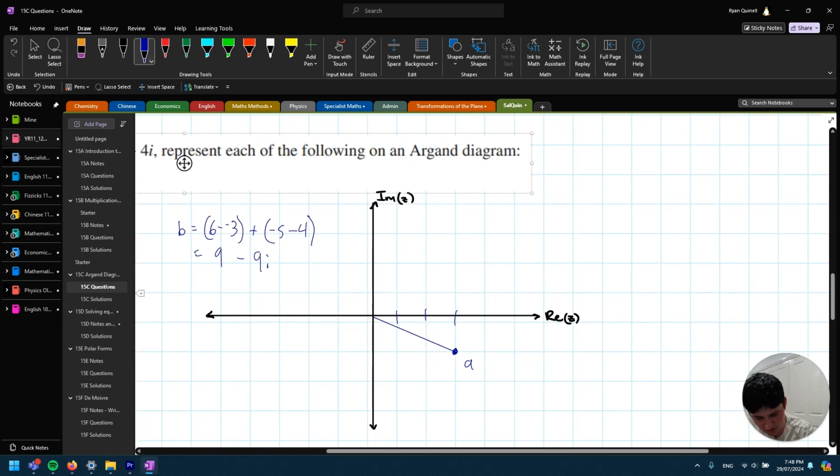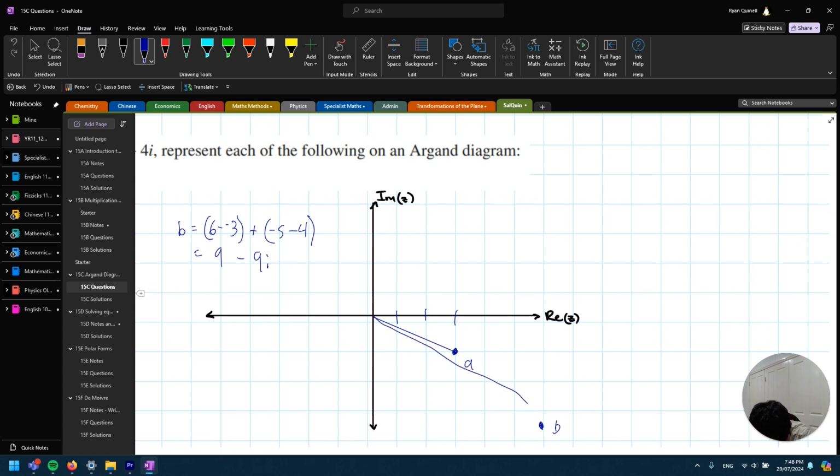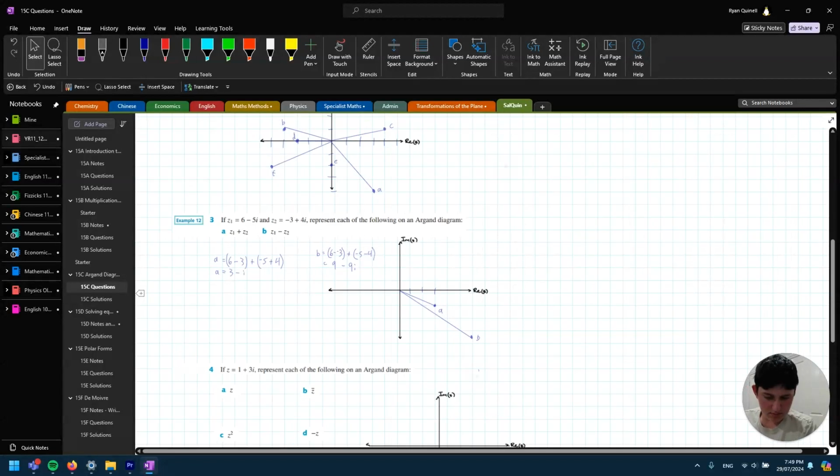So 9 in this direction and negative 9 in this direction. We can call this B. There we go. Simple.